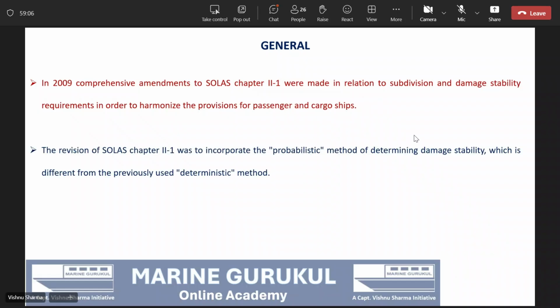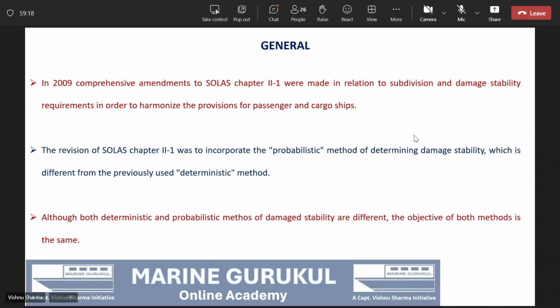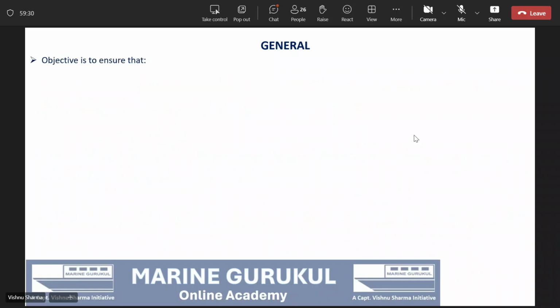The revision of SOLAS Chapter 2.1 was to incorporate the probabilistic method of determining damage stability, which is different from the previously used deterministic method. Although both these methods are different, the objective of both the methods is the same. What is the objective? To ensure the safety of the vessel in case the hull is breached.